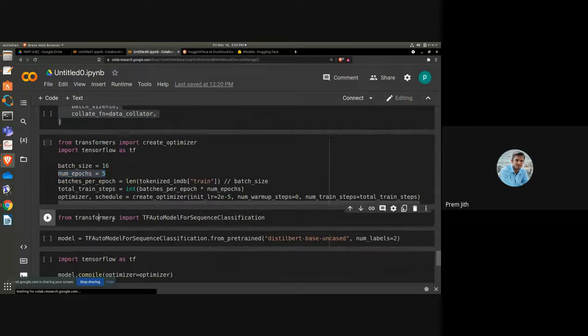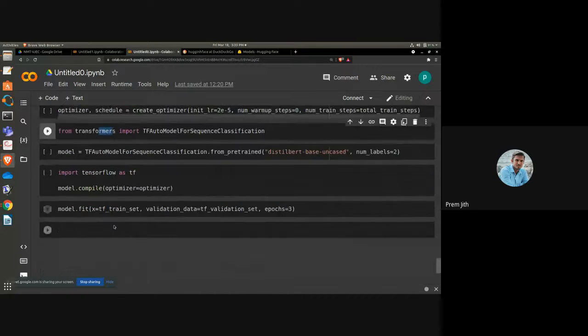So for classification, we can find a lot of predefined models. I am using TF auto model for sequence classification. This is one model, but you can find other models also in the Hugging Face transformers package. Import TensorFlow as tf. model.compile with optimizer equal to optimizer.